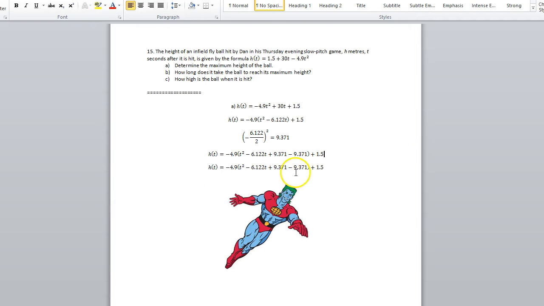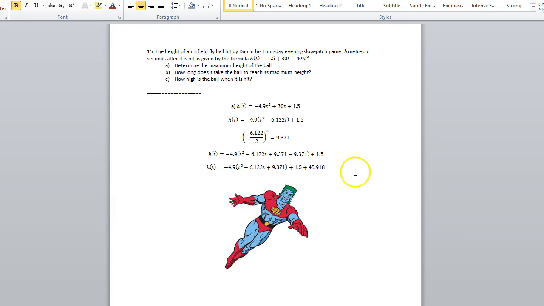It's quite simple. If I multiply negative 4.9 times negative 9.371, it's going to give me a positive. So 4.9 times 9.371, we're going to get, in this case, 45.918. Okay? That's if we pull that out there, like so. And now we're ready to clean it up.